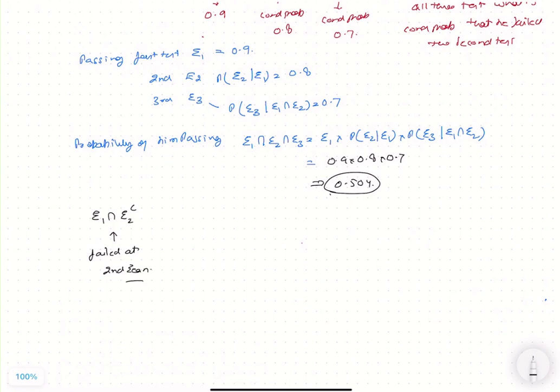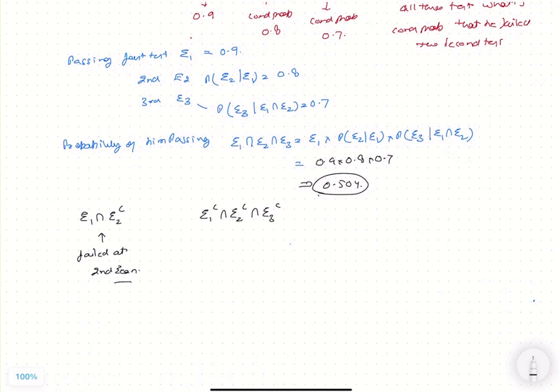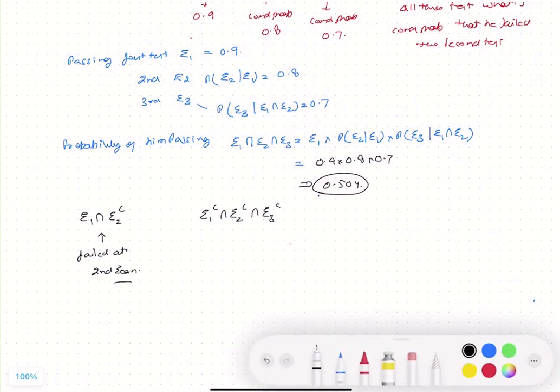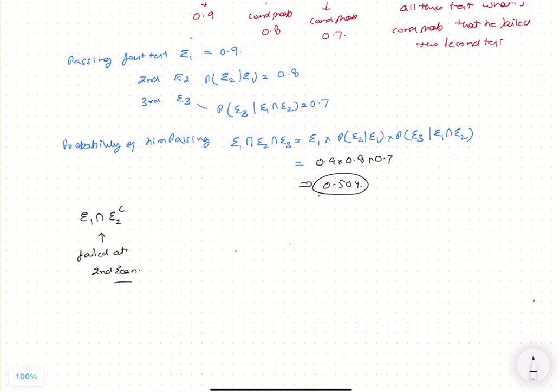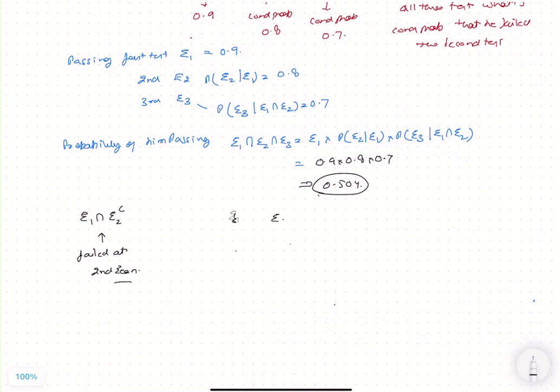And the event that he did not pass all the exams is going to be the complement of E1 and E2 and E3 together.